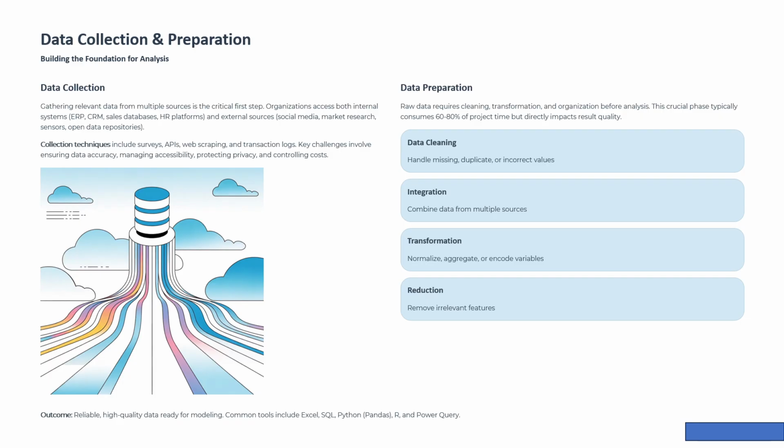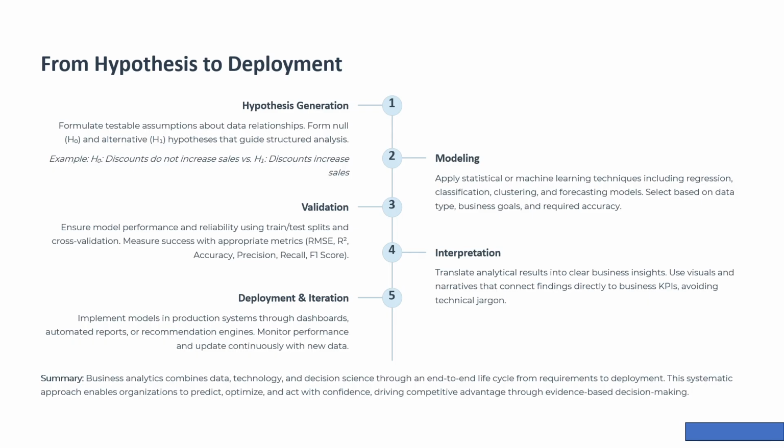Transformation includes normalizing, aggregating, and encoding variables. Finally, reduction, we remove irrelevant, inconsistent, or redundant features from the data set. A clean, well-structured data set is needed for good modeling.